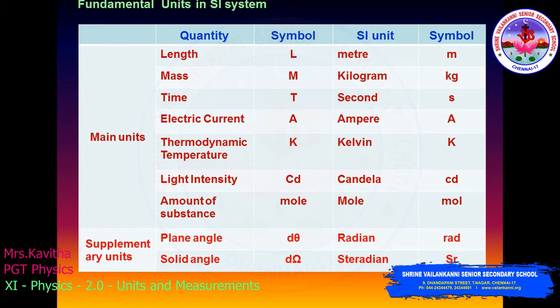The main quantities we mentioned already: length, mass, time, electric current, temperature, luminous intensity, amount of substance. For the symbols, length is L, we know that. From class 6, the earlier stages of your studies, you have been using these symbols, right? Mass M, time T, current Ampere, so for the SI unit Ampere we use A, right?